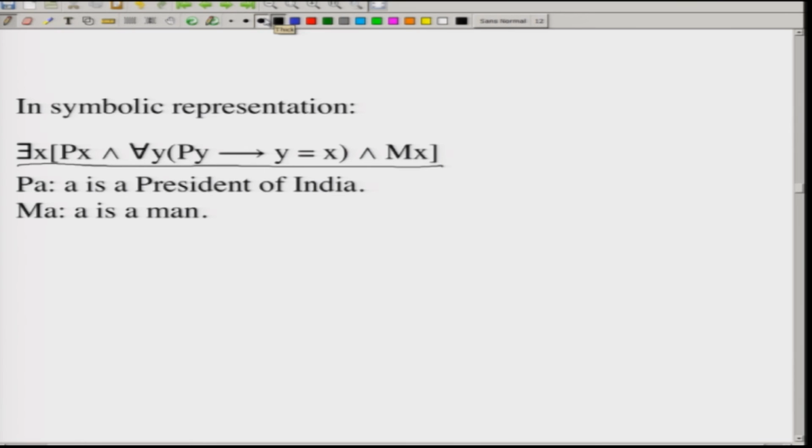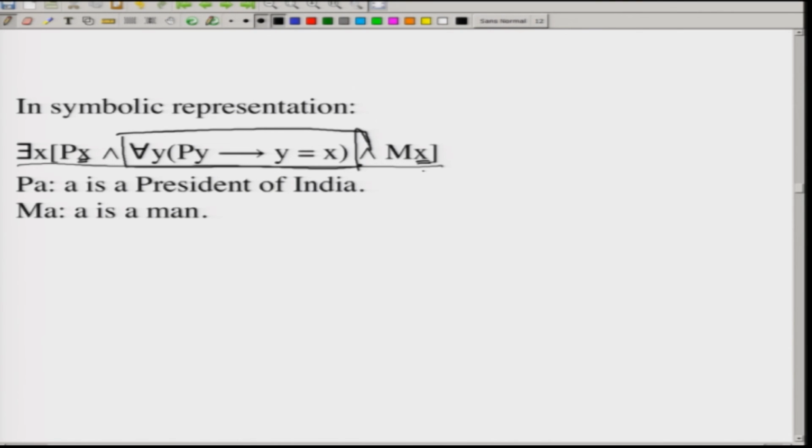Now, what does it say? This part, suppose this is not there, let us ignore this. Ignoring this part, the reading of this sentence would be plain and simple. There exists a President of India, and that President of India is a man, which means some President of India or a President of India is a man, but that is not the intention of the main sentence, which is the President of India is a man.